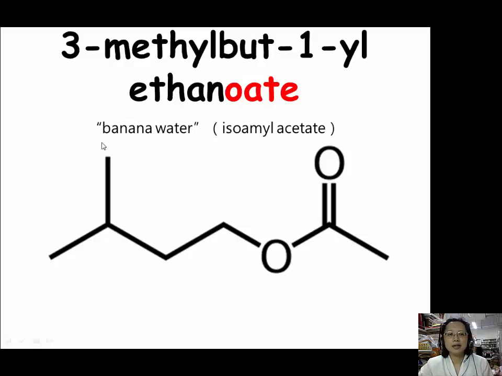So in Taiwan, the nickname of isoamyl acetate is banana water, and in the US, the common name is banana oil. Banana oil refers to either pure isoamyl acetate or to flavorings that are mixtures including isoamyl acetate.